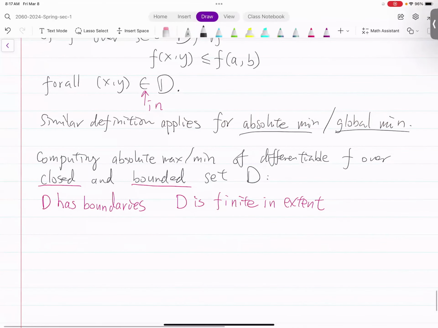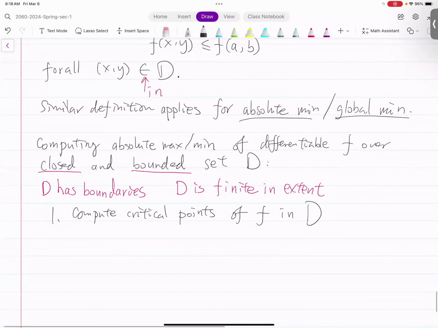So here we have the following steps. The first step is that we compute the critical points of f in the set D. Basically, we look for the places at which we have zero gradients, and also the points at which the function is not differentiable within the domain.